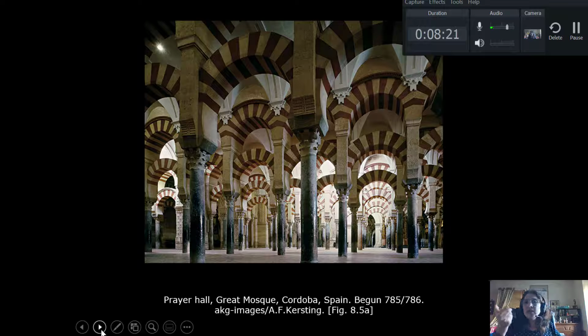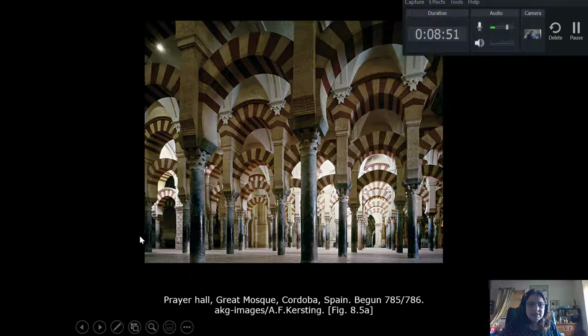It's interesting because it was actually a church first, but then when the Muslims come in and convert Spain to Islam, instead of tearing the church down, they buy the land, and then they build a mosque around the church, and they incorporate the church into the mosque. So it's a very interesting idea and space because of that.